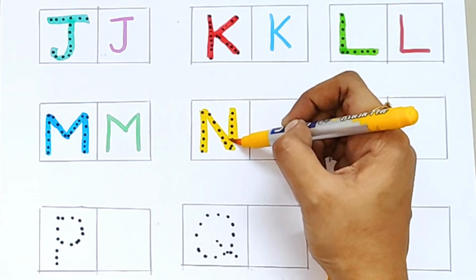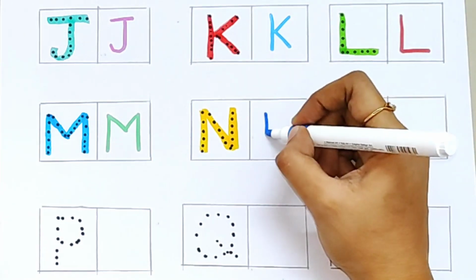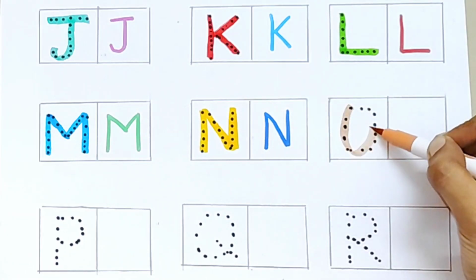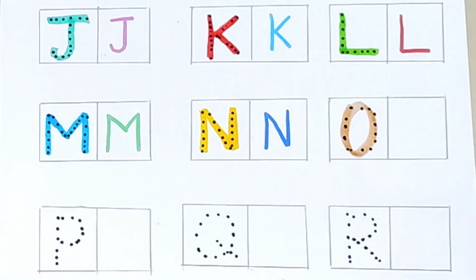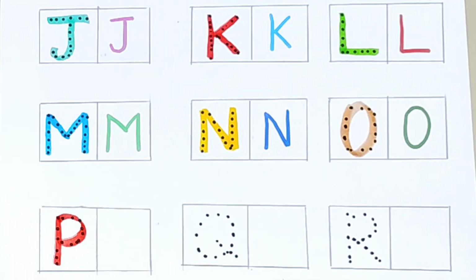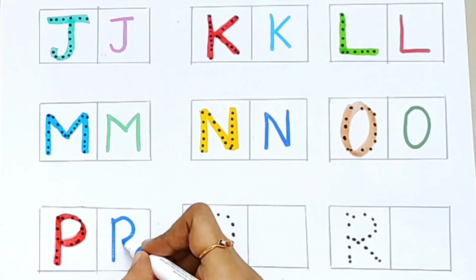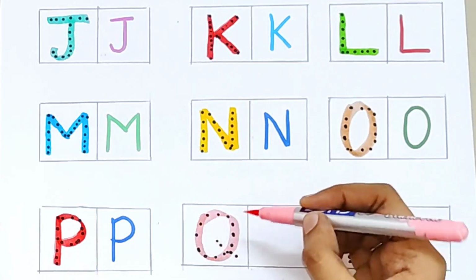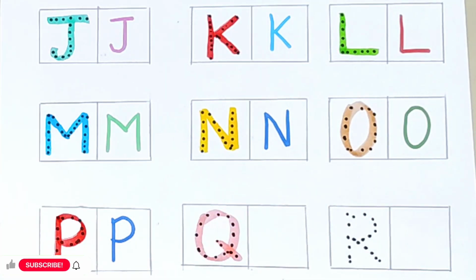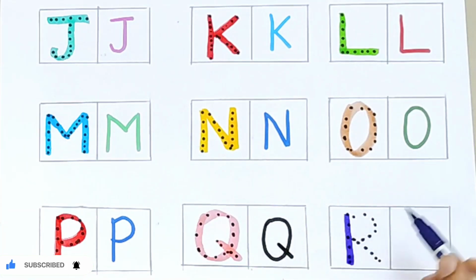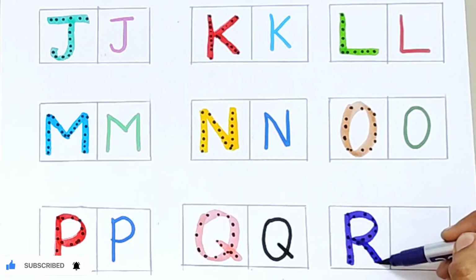N for nightingale. O for owl. P for pigeon. Q for whale. R for rooster.